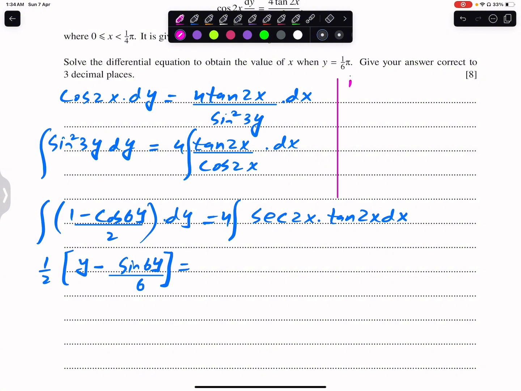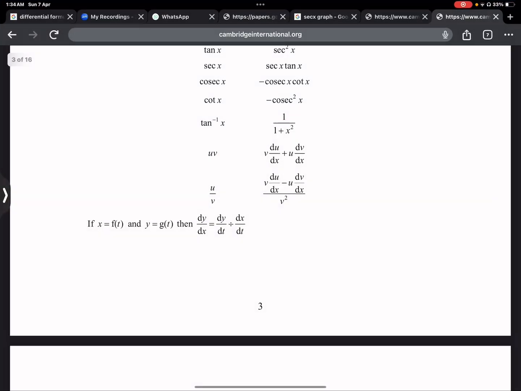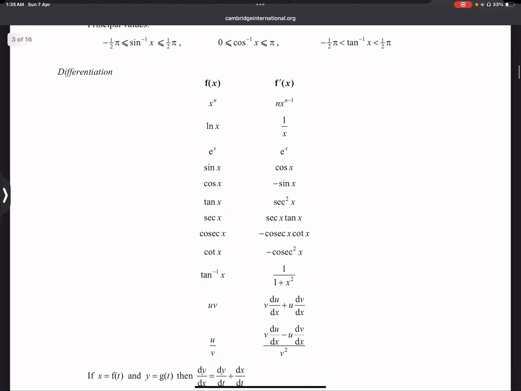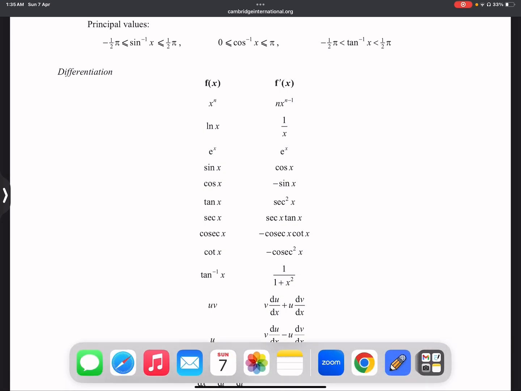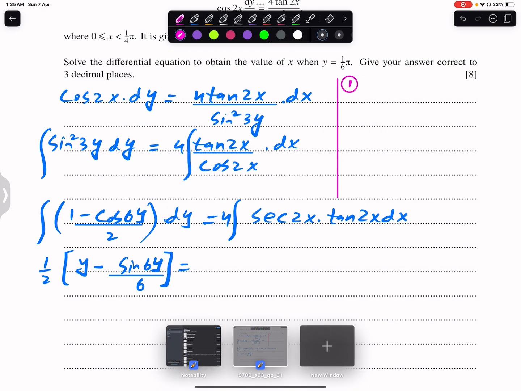Method number 1 to integrate the right side: student, if you look at the formula sheet of differentiation, you can see that the derivative of secant x is secant x tan x. So I'm going to use this formula here.